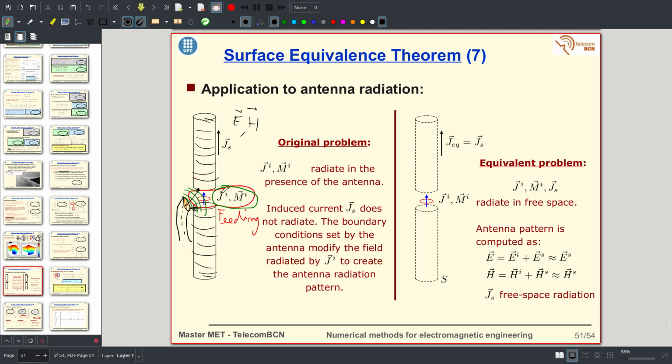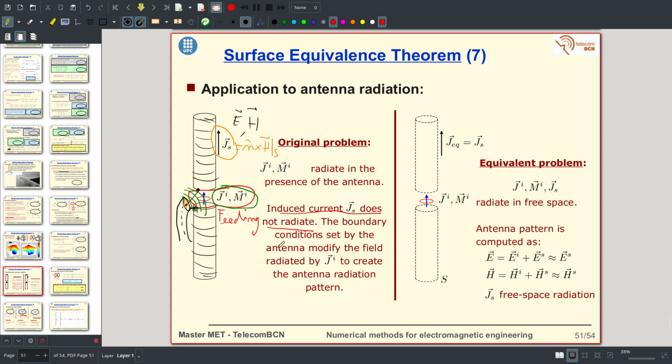So in the original problem, we have the impressed currents radiating in presence of a perfectly conducting surface that is not free space. We also have, as you know, an induced current equal to N cross H at the surface, but the induced current here does not radiate.